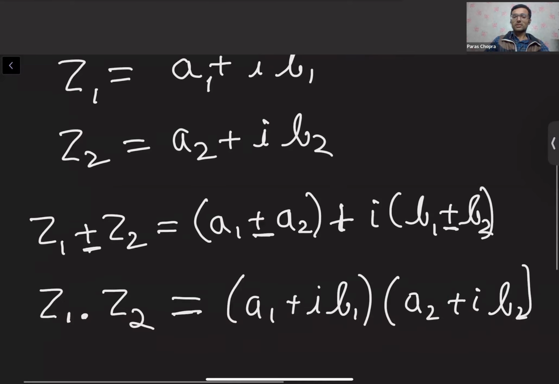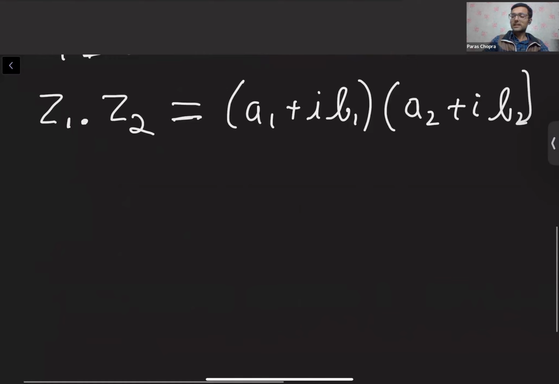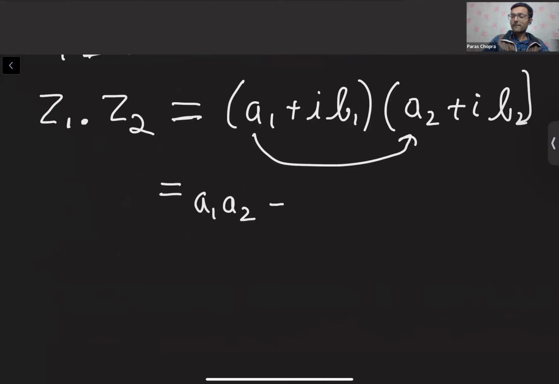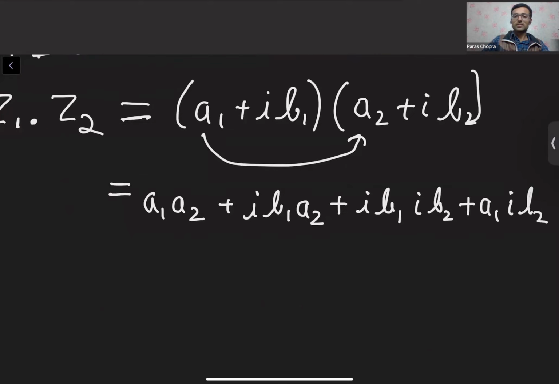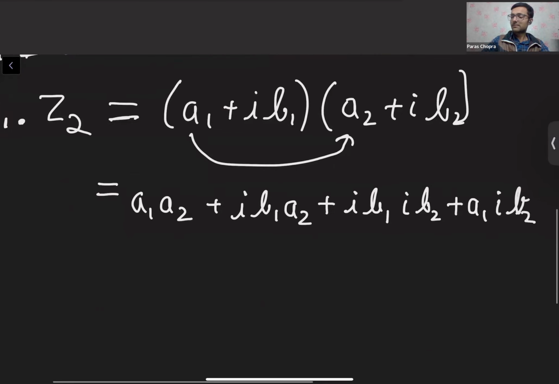Okay, so इसको हम expand करेंगे तो क्या आएगा? A1 with A2, then I B1 with A2 plus I B1 with I B2 and A1 with I B2. Okay, चार टर्म्स आएंगे, ठीक है.